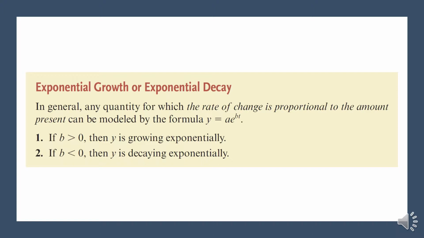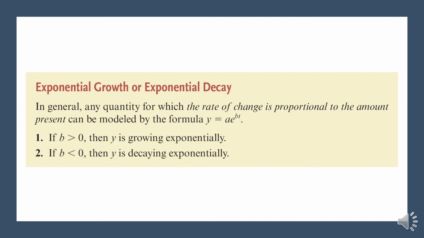Remember we saw that with exponential growth with the populations of people, and we've seen it in this video with the amount of a radioactive substance that's remaining. So we saw that with exponential decay in this video. They're saying that can be modeled by the formula y equals a times e to the bt.